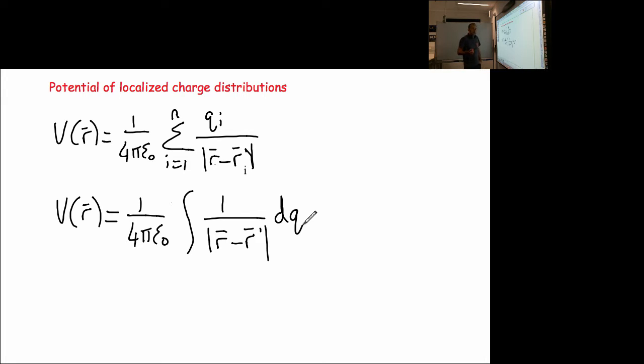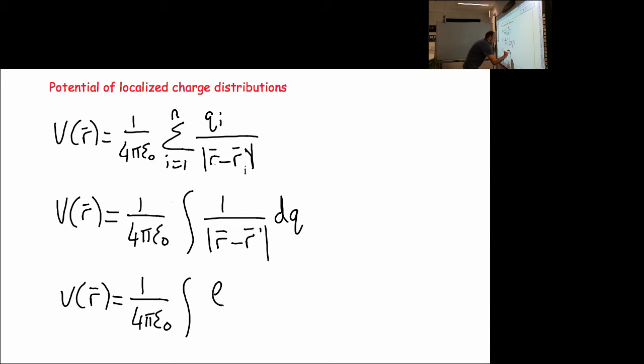And what about for a volume charge? For a volume charge, we have V of r equal to the integral, and now we consider that we have a charge density rho.